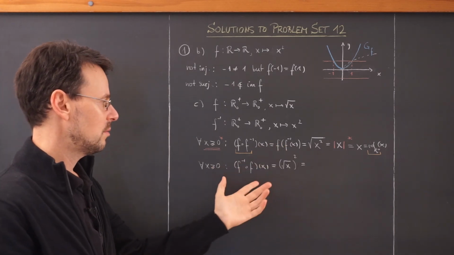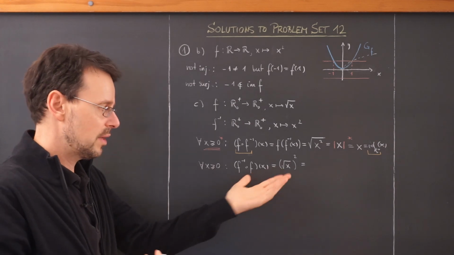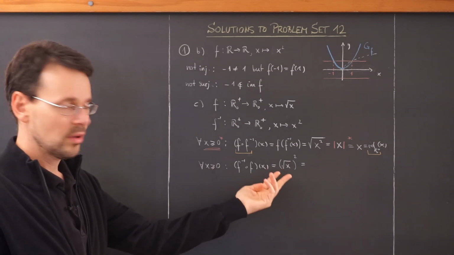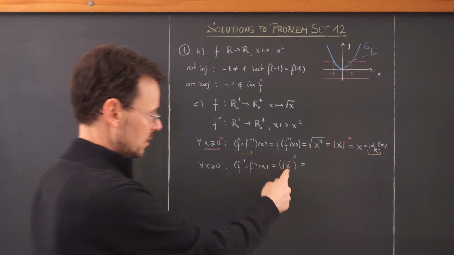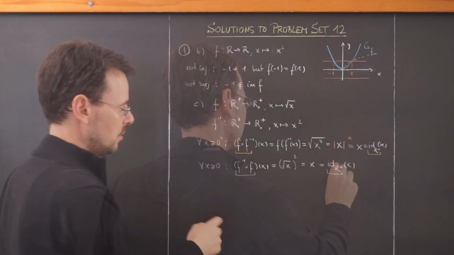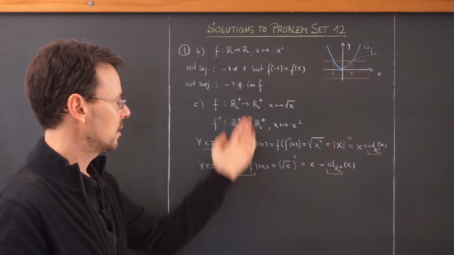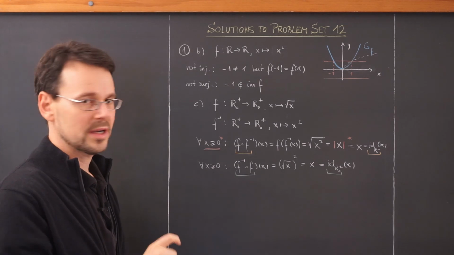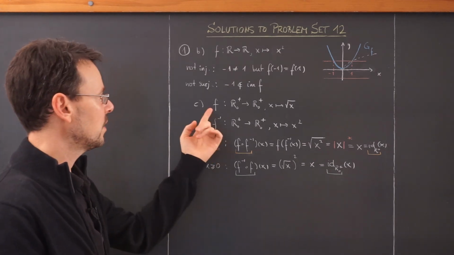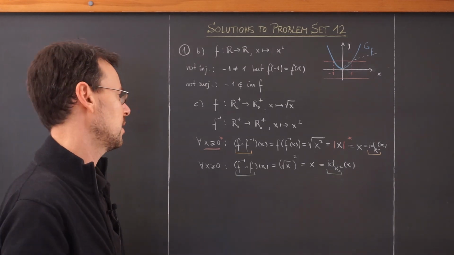Now here we don't have to be that careful, but first of all, because x is non-negative, the square root exists, and then by the property of the square root, by definition, the square root of x squared is x. So this composite as well is the identity, thus showing that indeed they are inverse functions of each other, proving that f is bijective, so it is injective and surjective.